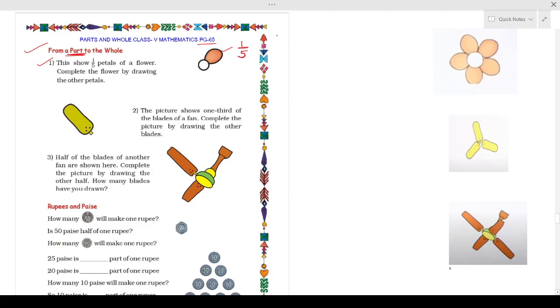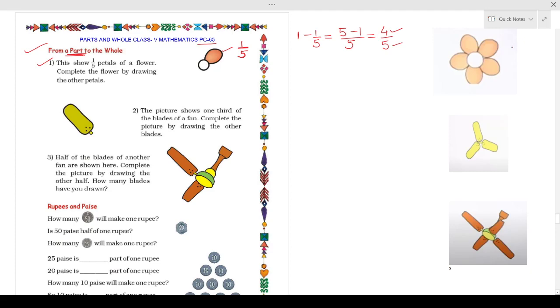Okay, and one more thing children, as you all know, 1 whole means 1. Okay, and when you will subtract this 1 by 5 part, what will you get? You will be getting 5 minus 1 by 5, and it means 4 by 5, means you have to draw 4 more petals out of 5 petals.